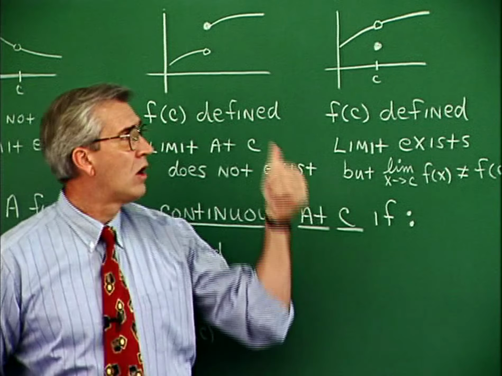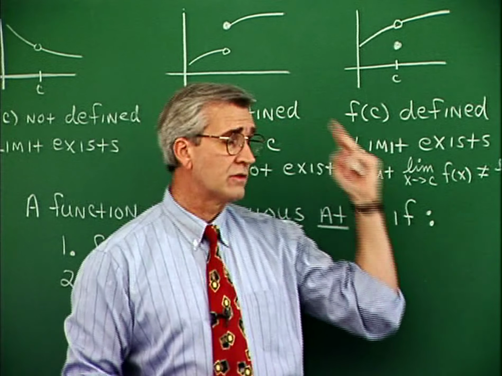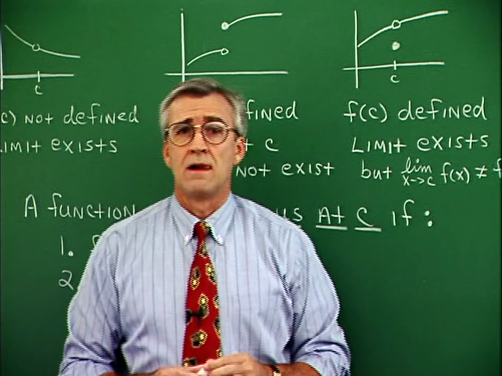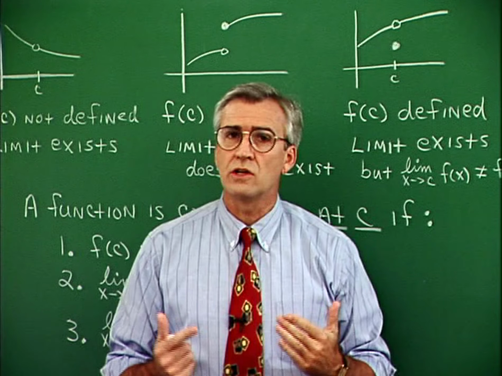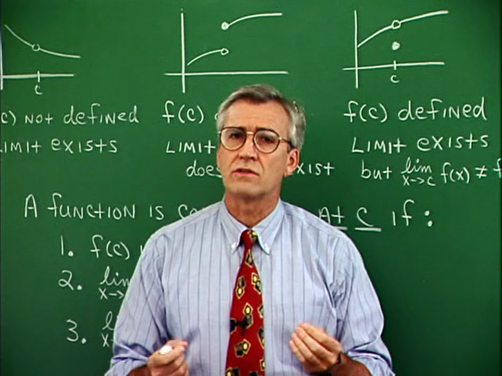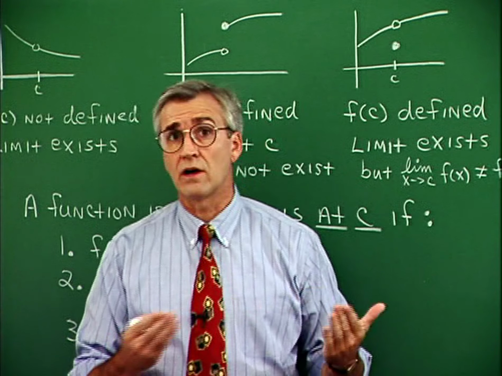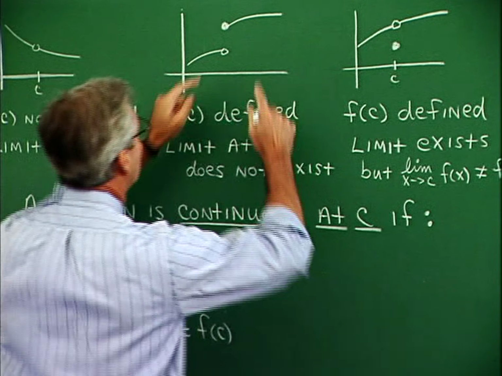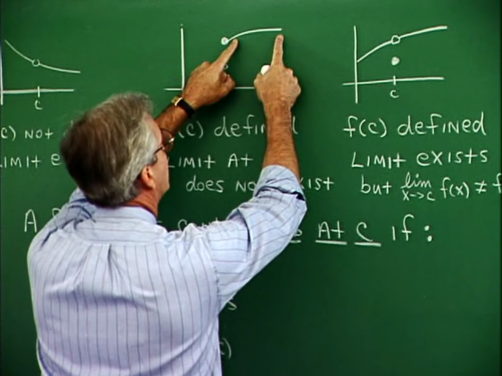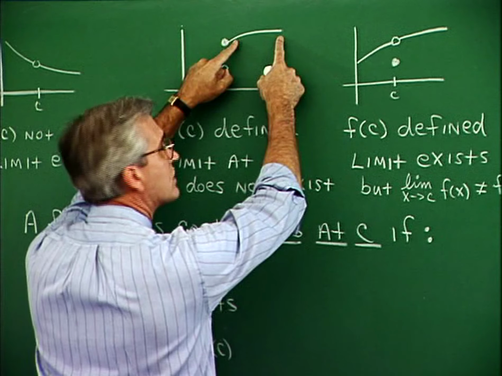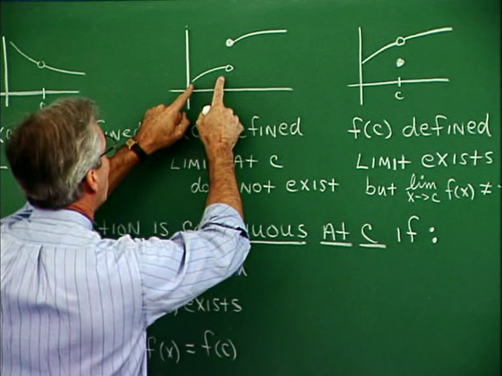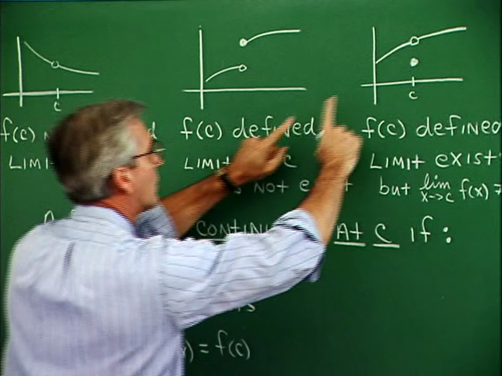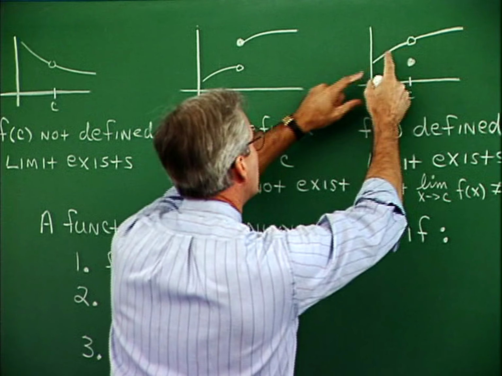Now, although none of these graphs, functions, are continuous at c, we can say, though, that they are continuous at other points. That is, on intervals. On this interval, for example, this graph is continuous. On an interval over here, the graph is continuous. On an interval over here, the graph is continuous, and so on.